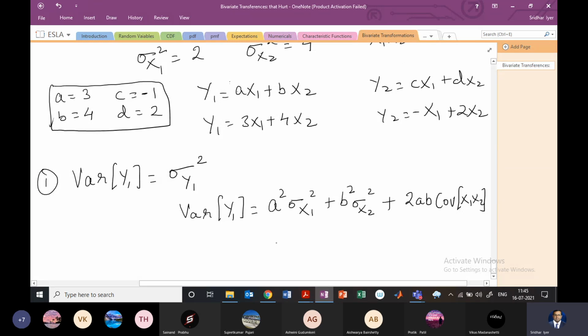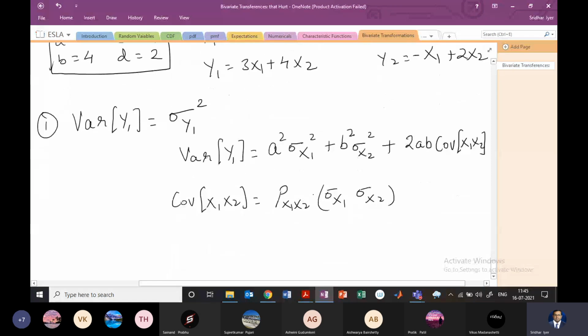Now we are given the values of sigma x1 square and sigma x2 square. We can find the value of covariance of x1 x2 as rho x1 x2 into sigma x1 sigma x2. So now you have all the values.